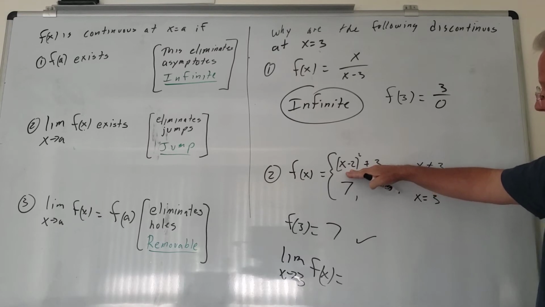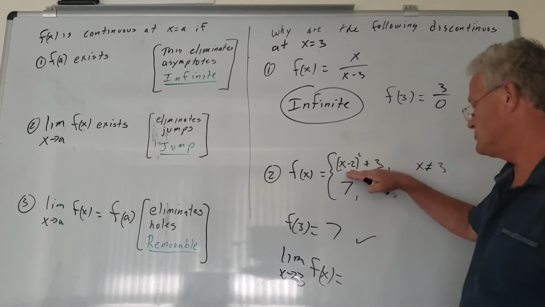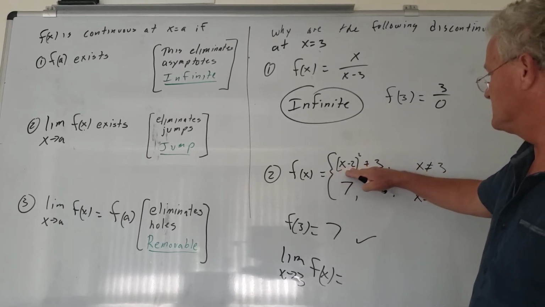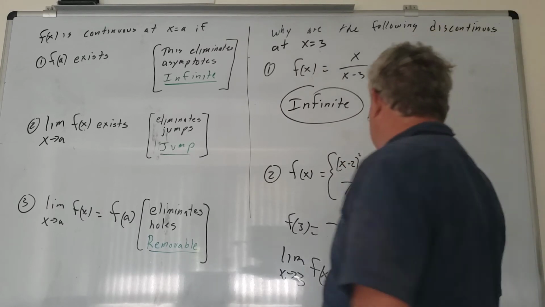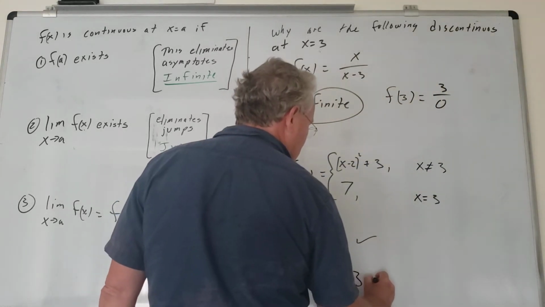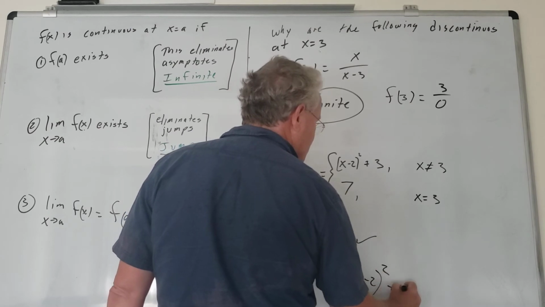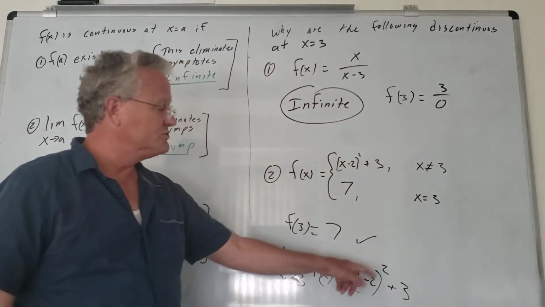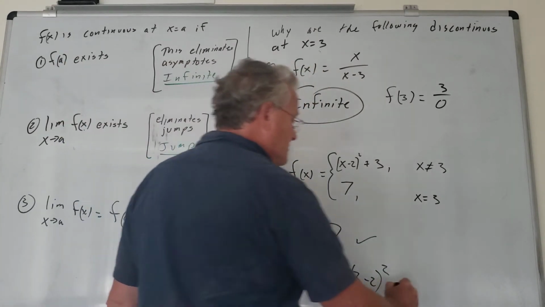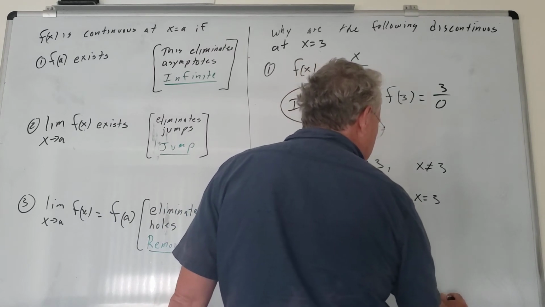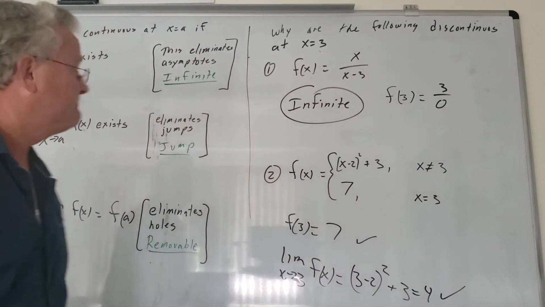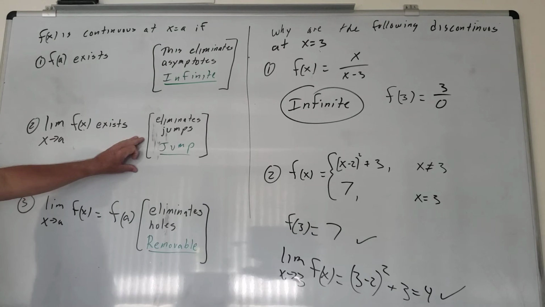When x gets closer to 3, this gets closer to 3 minus 2 quantity squared plus 3. Well, 1 squared is 1, and 1 plus 3 is 4. So the limit exists. So we don't have a jump.